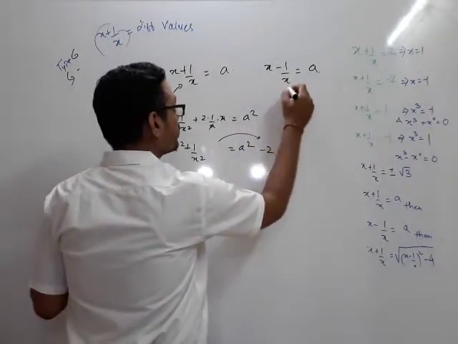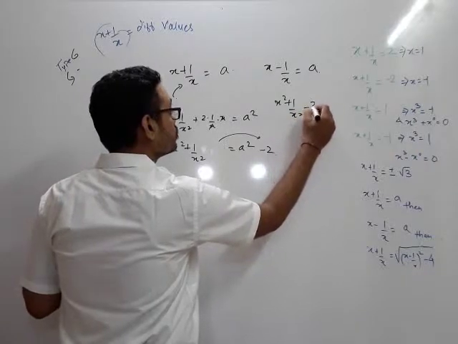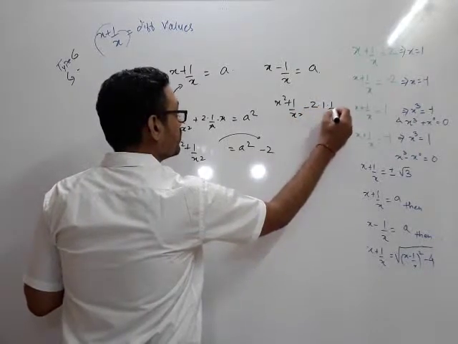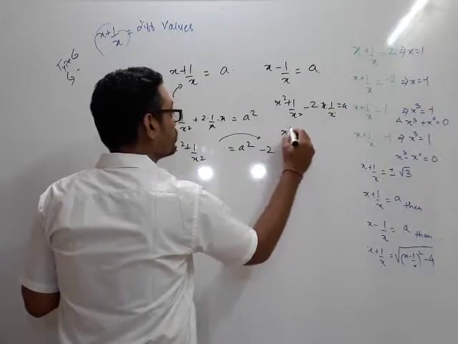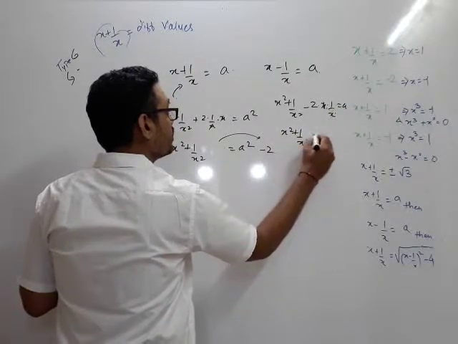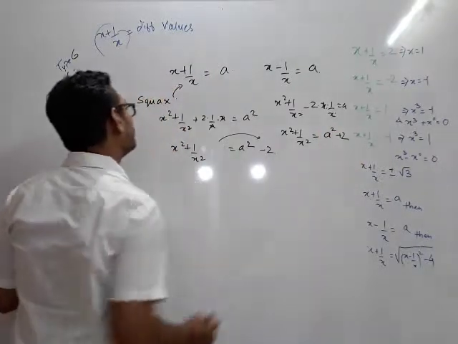Same thing if we are doing it over here, x square plus 1 by x square minus 2ab, which is 2, is a square. So x square plus 1 by x square is a square plus 2.